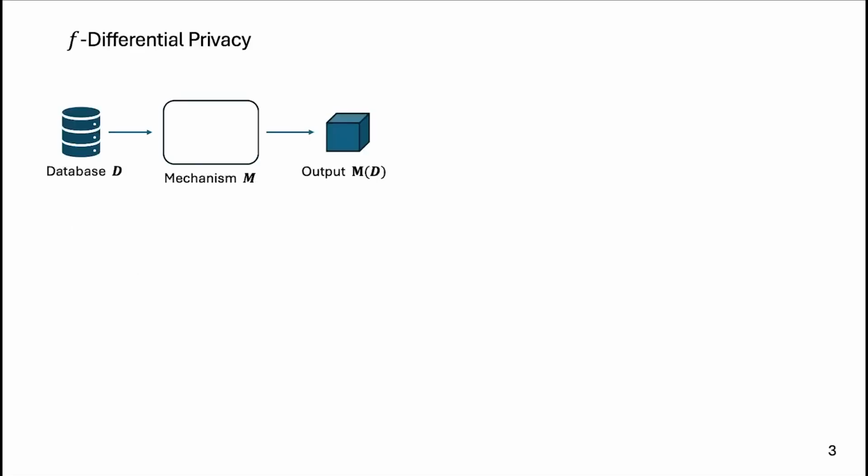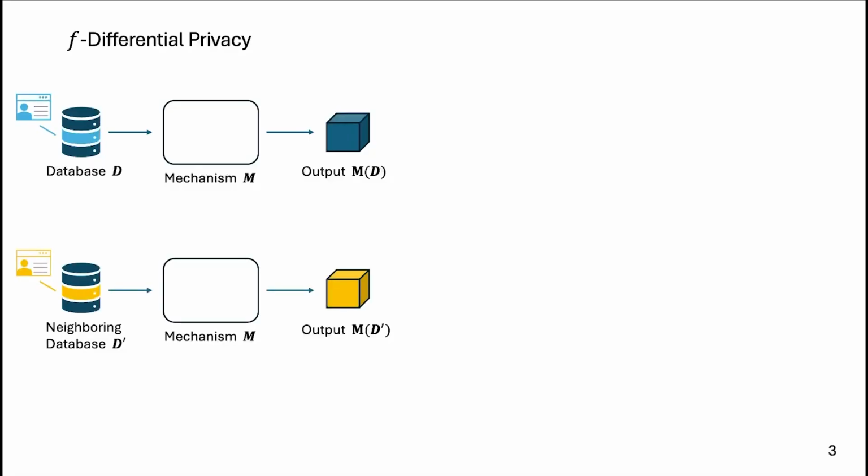All right, let's start with our privacy notion. So here's a typical scenario in differential privacy. We have a database D, a mechanism that processes data, and an output M of D. What our mechanism usually does is to compute a statistic with information from D and combine that statistic with some random noise in order to ensure privacy. To further quantify privacy, we consider a neighboring database D dash that we can obtain from the original database D by altering the information of one and exactly one individual in the original database.